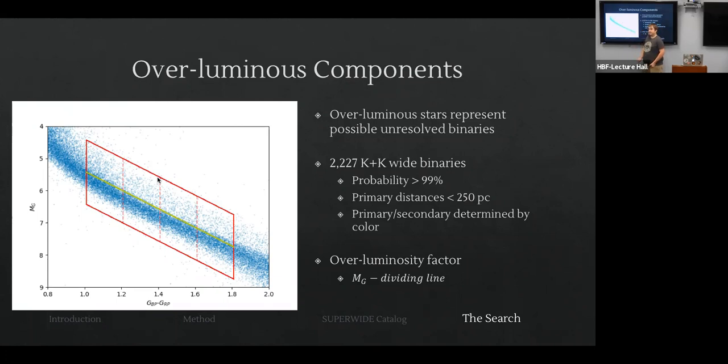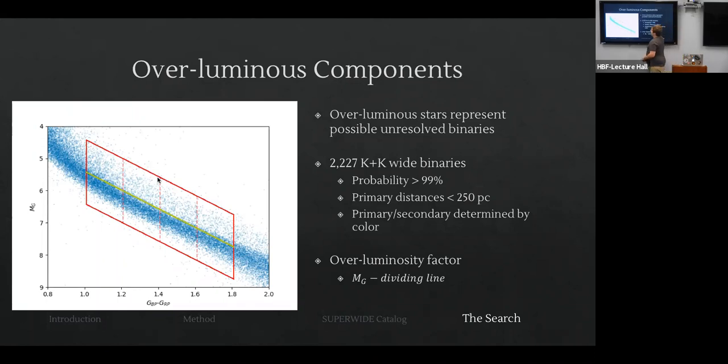I'm just curious, how did you decide on where that line goes? We just drew a line. So it's not a fit? It's not a fit. And if you notice down here, as you get closer to the M dwarfs and as you get closer to the Gs, it underfits it. I was curious why it's not in the middle of the bulk of the stars.